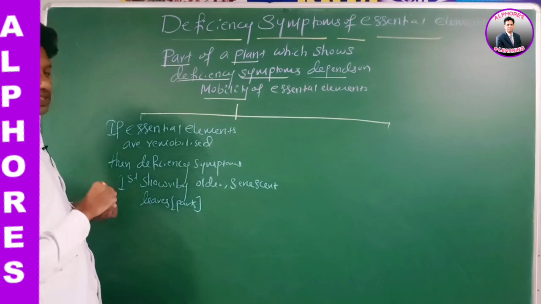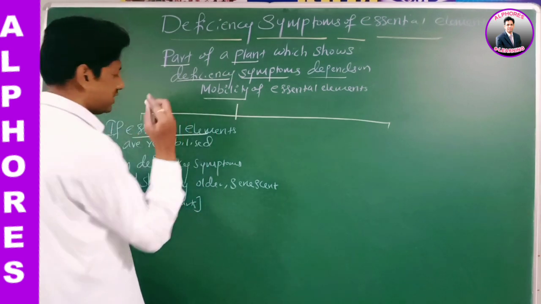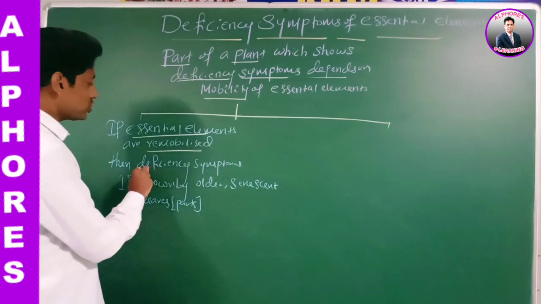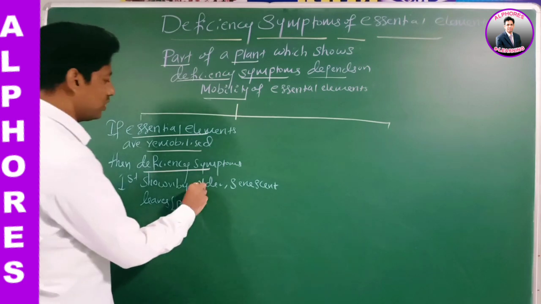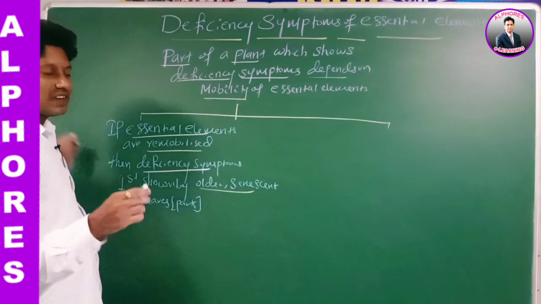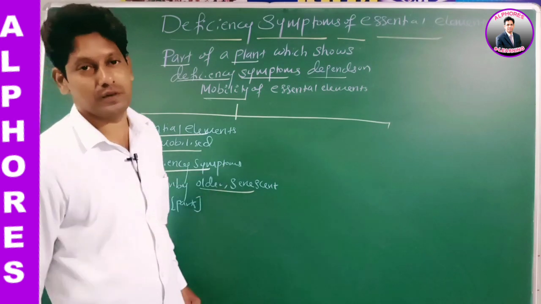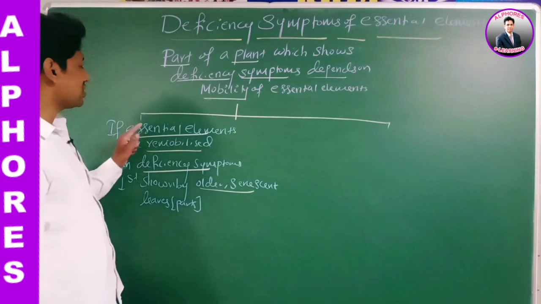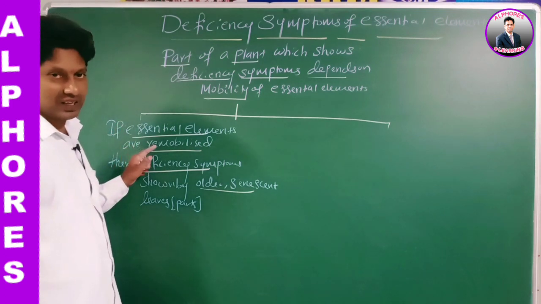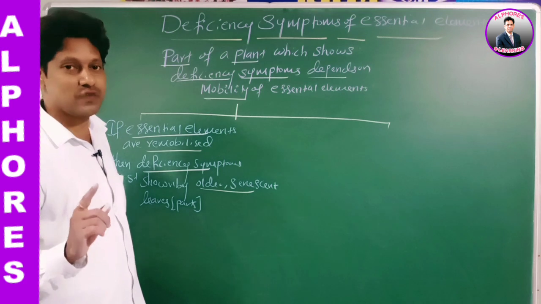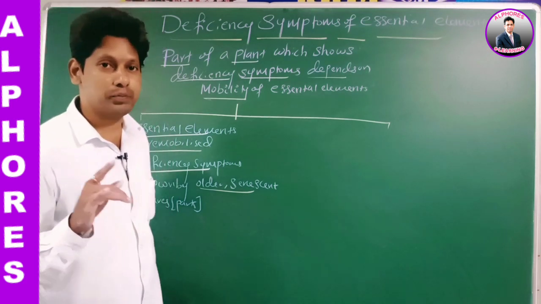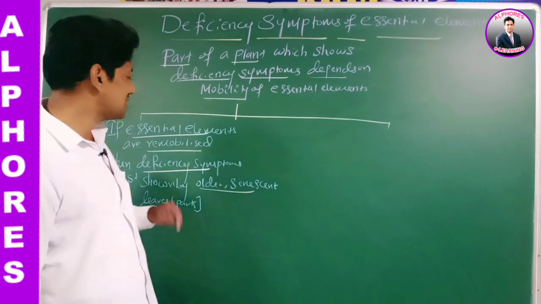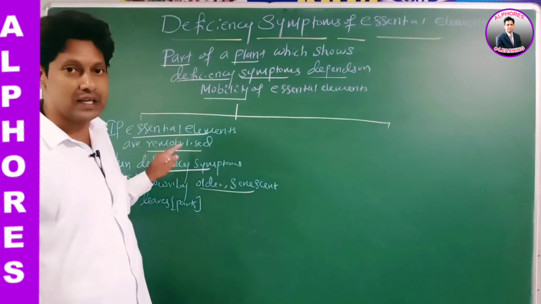See this statement once. Take an essential element. If this essential element is remobilized, then who shows the deficiency symptoms first? Older parts of a plant, that is, parts of a plant which are undergoing senescence. Essential elements are remobilized here, yes or no? Nitrogen, phosphorus, potassium, NPK, are essential elements which are remobilized.